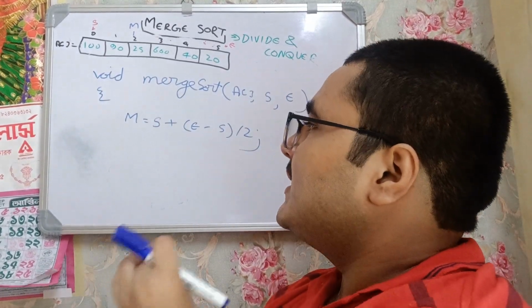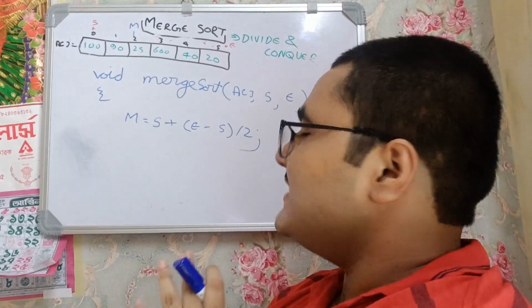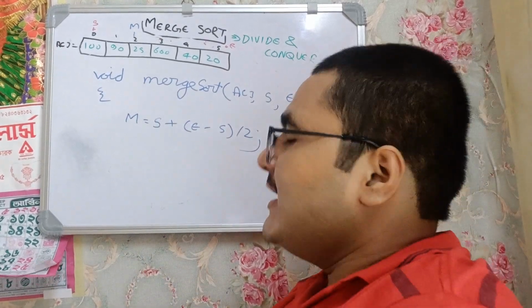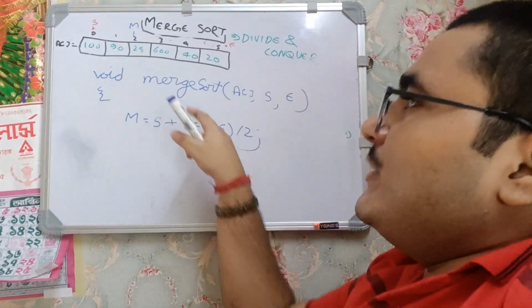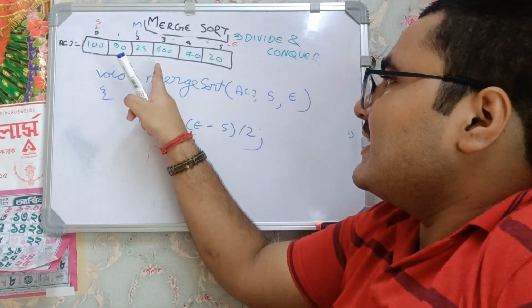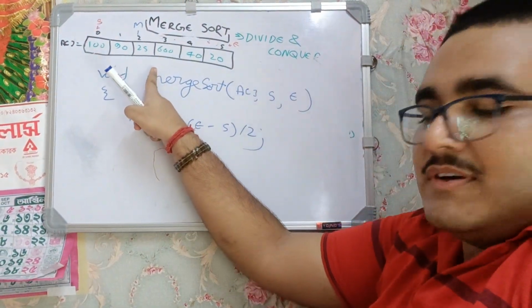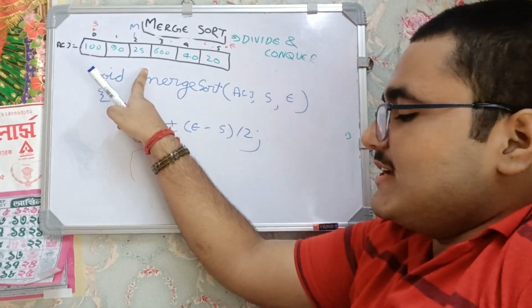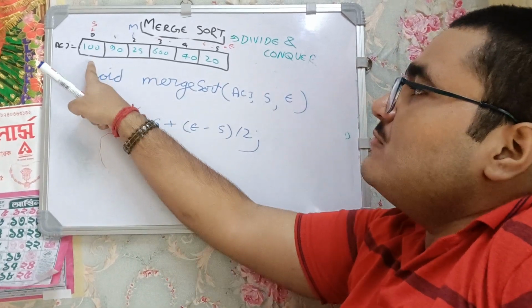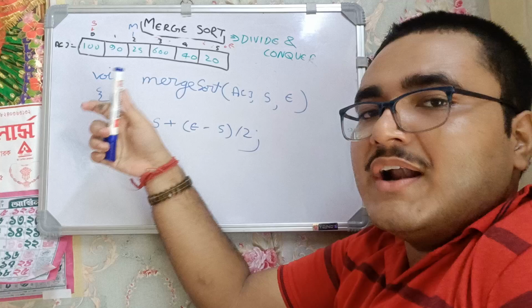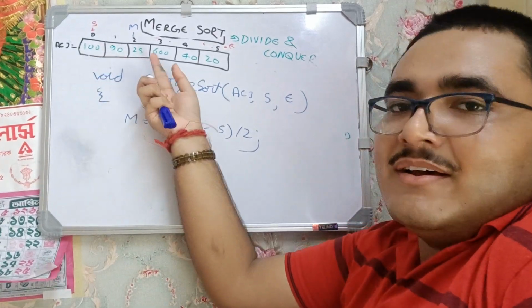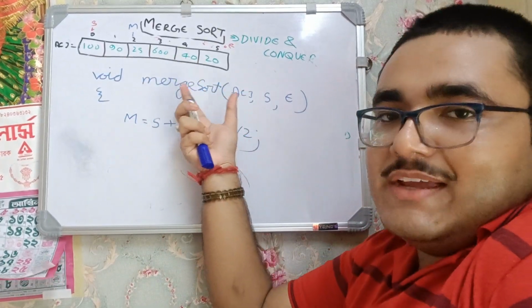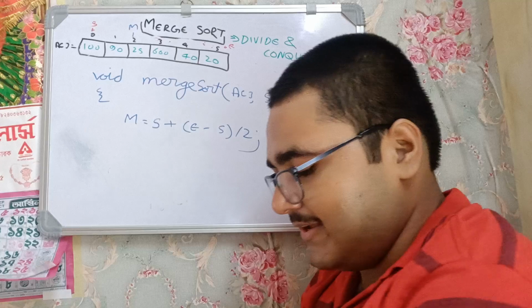Now M is equal to S plus E minus S by 2. So what we are actually doing, we are actually dividing this entire array into two halves, right, constantly. So from 0 to M should be one half of the array, and from 3 to 5 should be another half of my array, right.